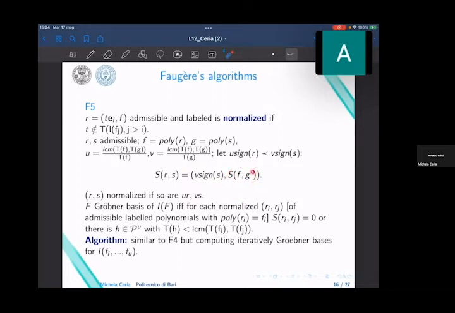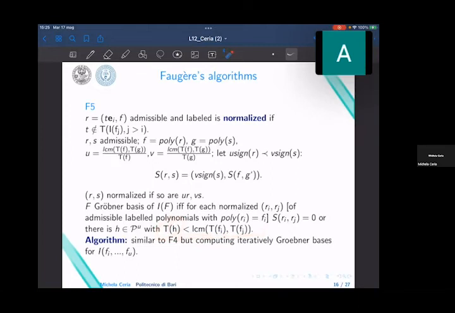Oh, here there is a prime that should not be a prime here. We call it normalized if ur and vs are normalized. Then you say that F is a Gröbner basis of the ideal if and only if for each pair of this kind, either S is 0 or there is an h in P^u with the leading term that is smaller than this least common multiple.